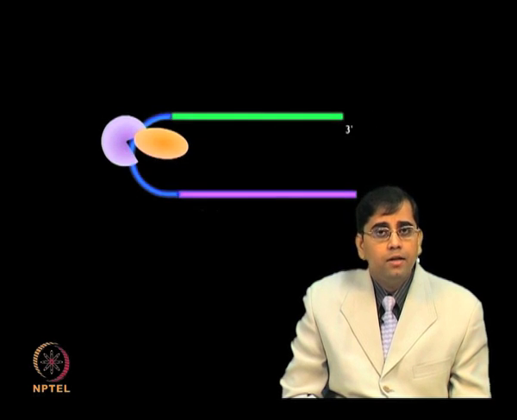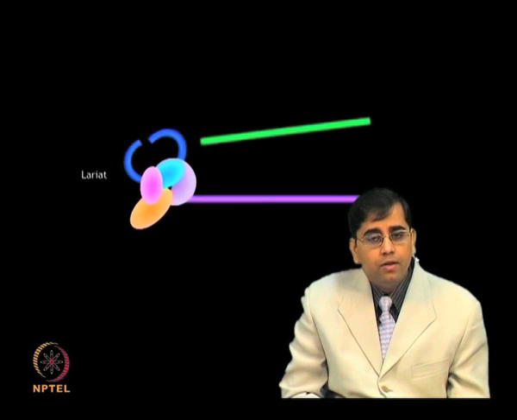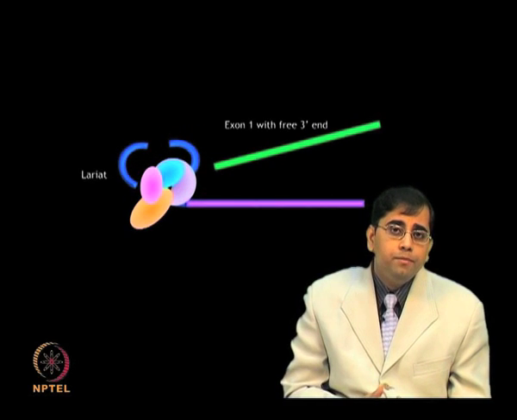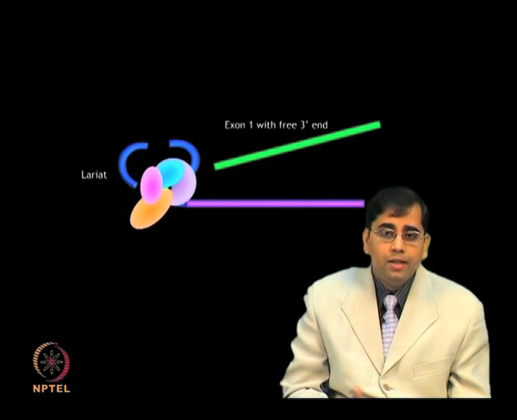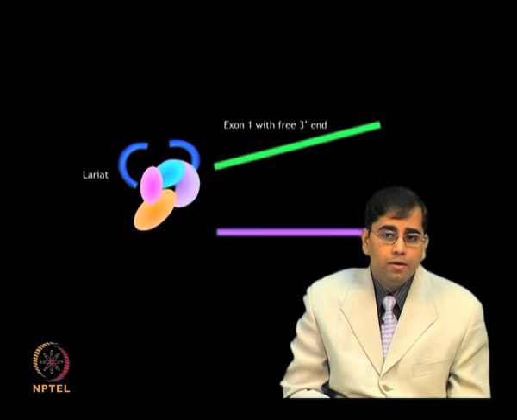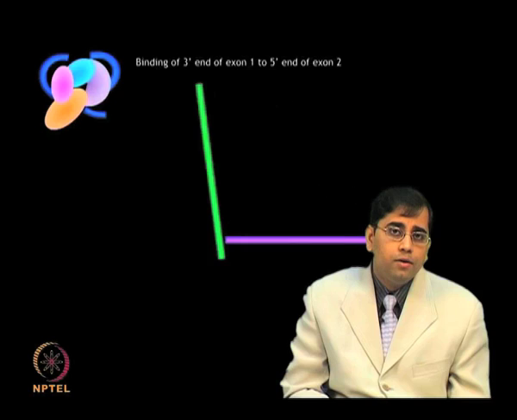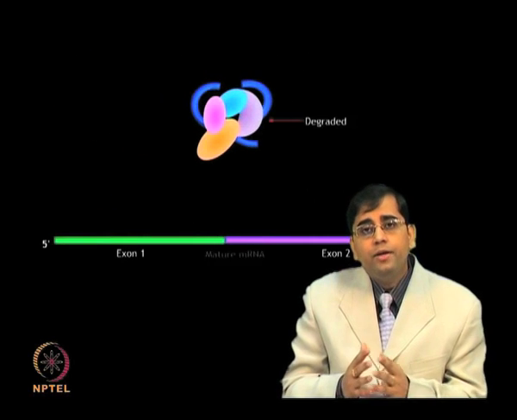The pre-mRNA contains both exons, the coding sequences, as well as introns, which are intervening non-coding sequences. By involving a series of steps, finally, the free 3' hydroxyl group of the first exon attacks the 5' end of the second exon such that they are joined together to give the mature mRNA.